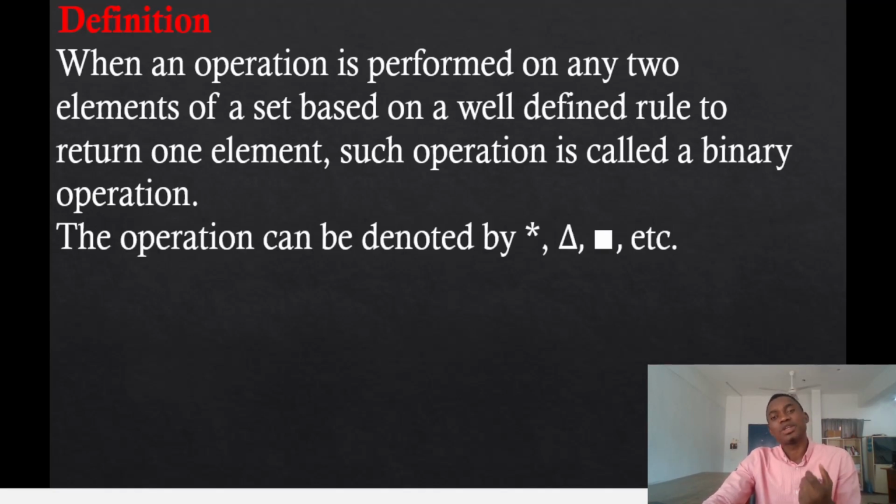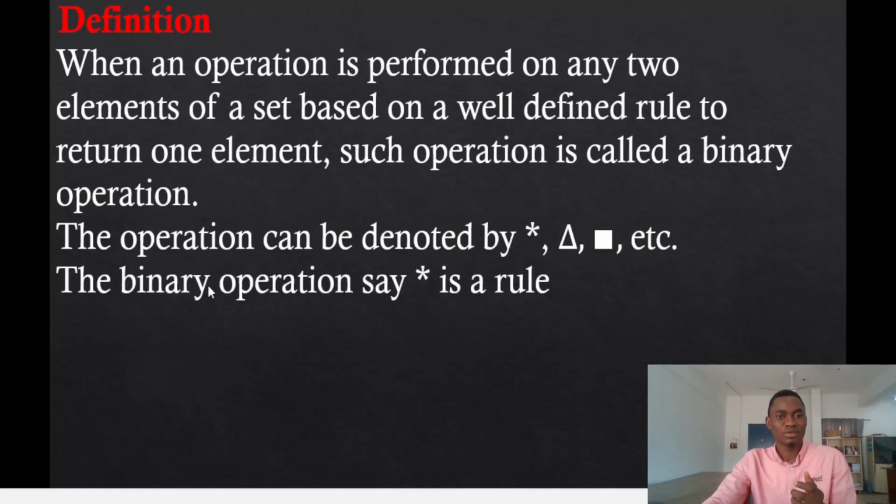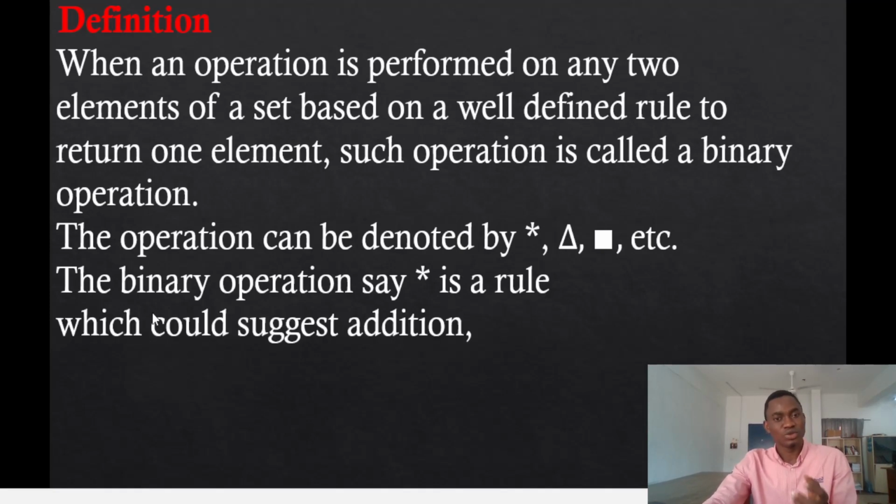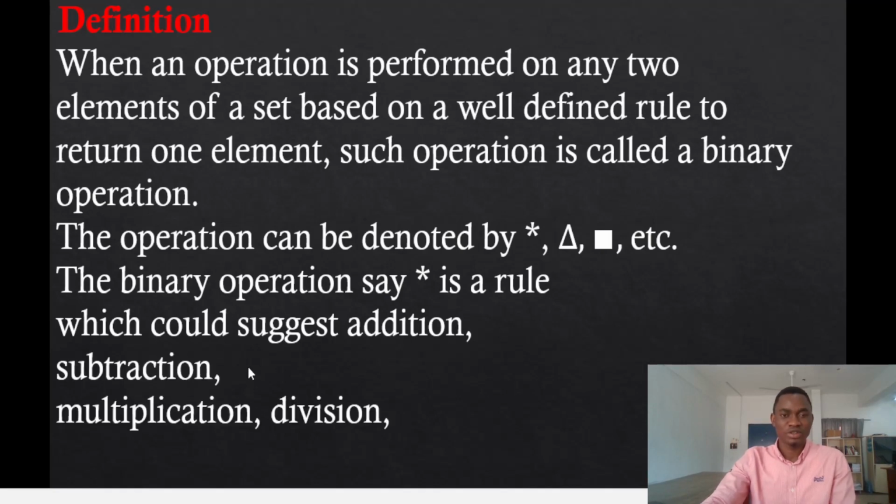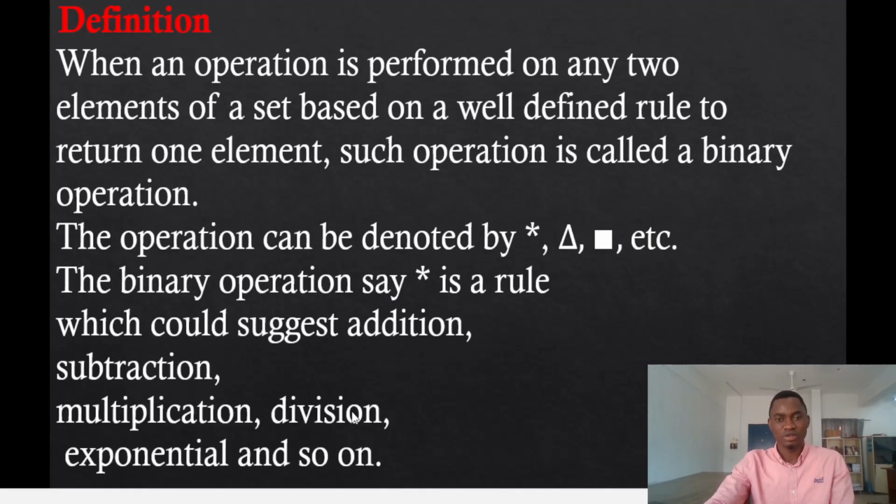The operation can be denoted by star, a triangular shape, a rectangular shape, and so on. The binary operation, say star, is a rule which could suggest addition, subtraction, multiplication, division, exponential, and so on.